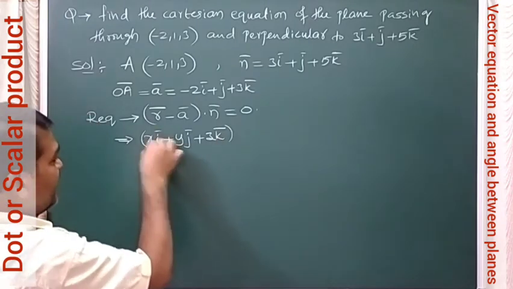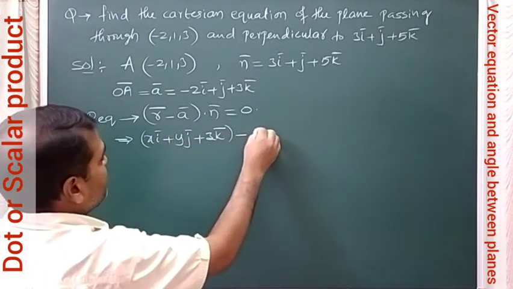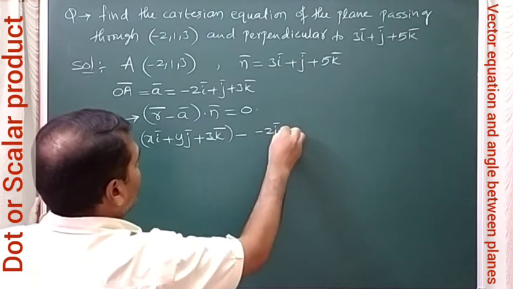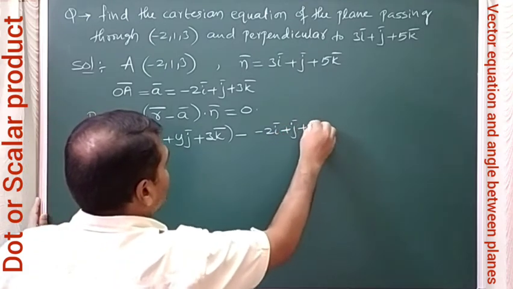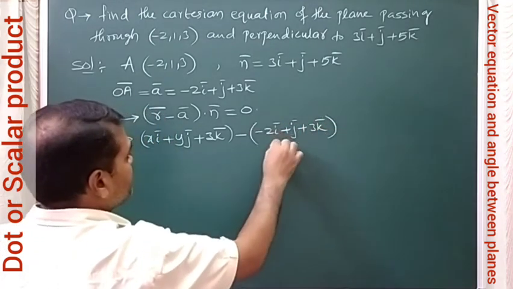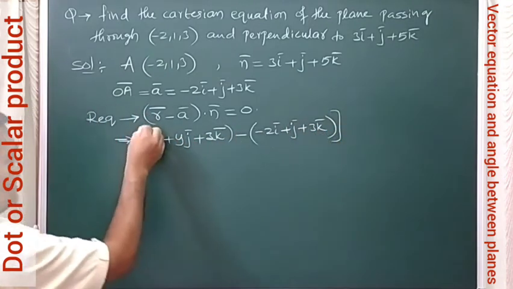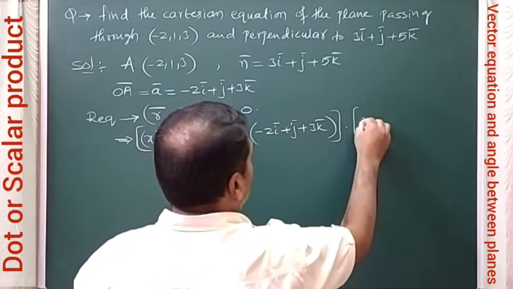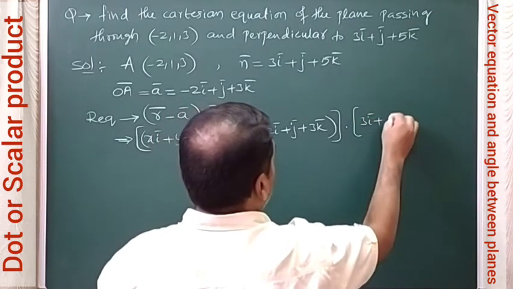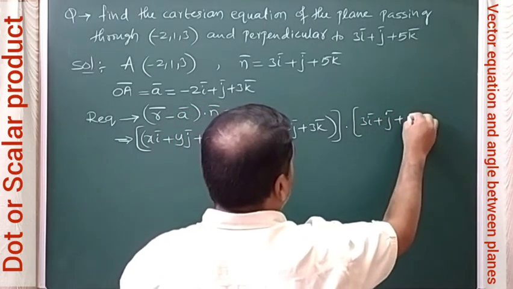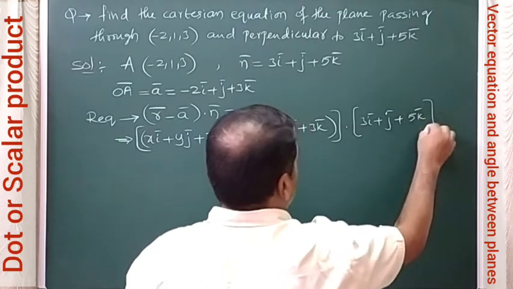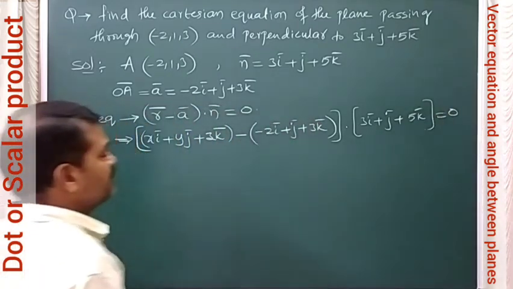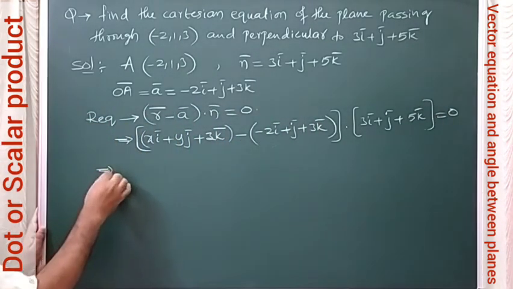So r bar minus a bar, that means -2i bar plus j bar plus 3k bar, r bar minus a bar dot n bar, so 3i plus j plus 5k is equal to 0. Simplify.